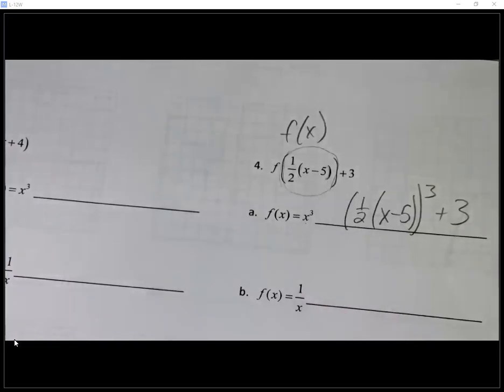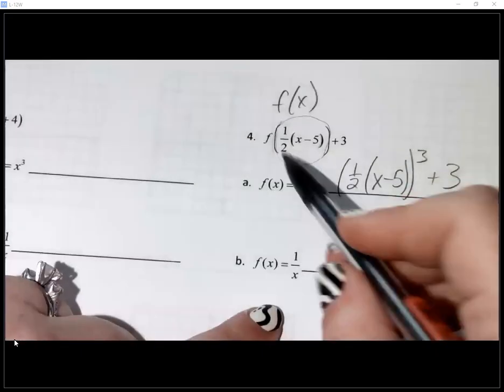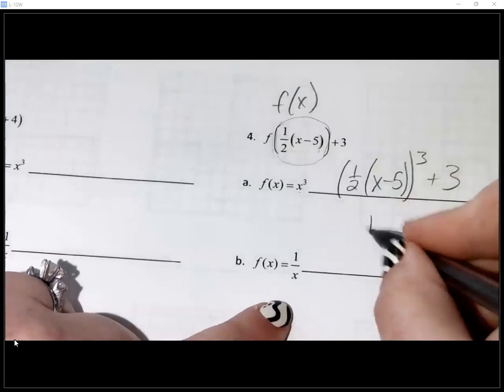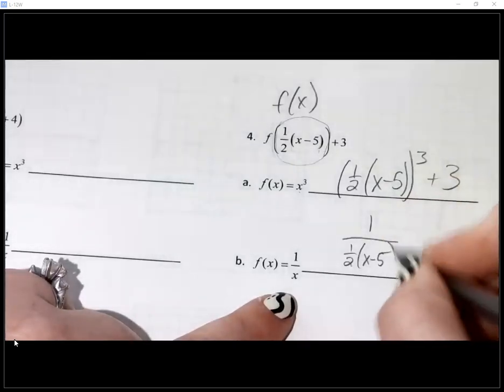in your parent function. So if we tried part B, I'm going to take all of this and that's going to go into my denominator, all of it. 1/2 x minus 5. And then I'd have this plus 3 on the side.